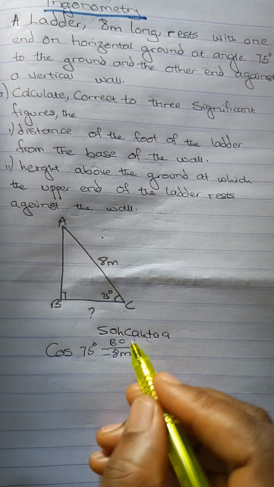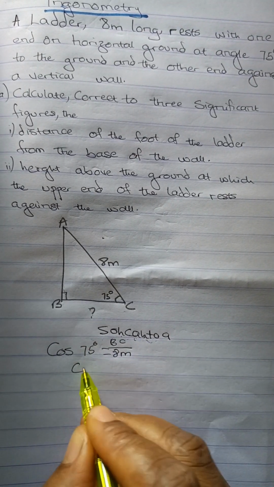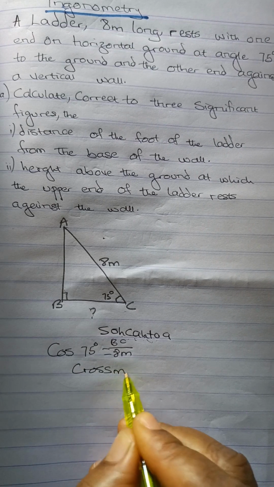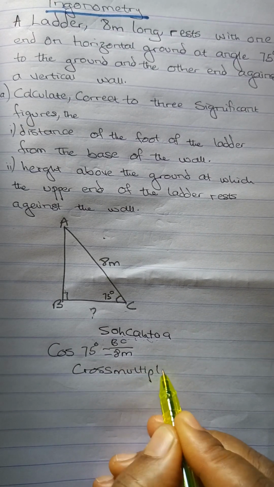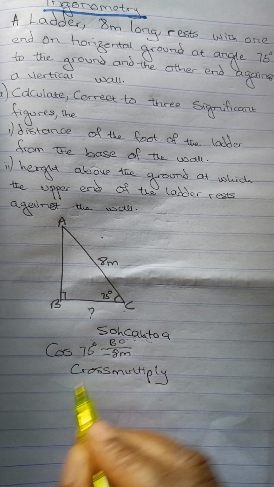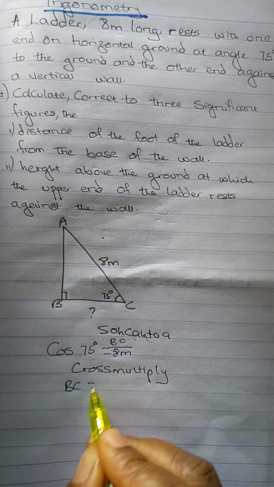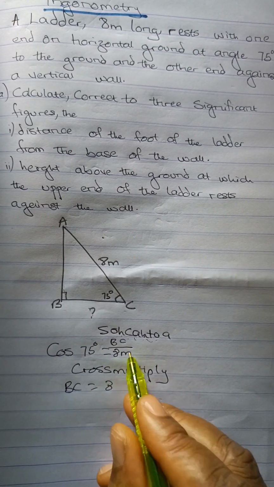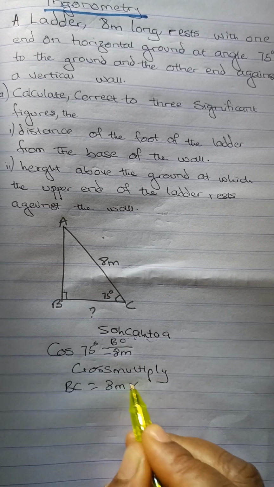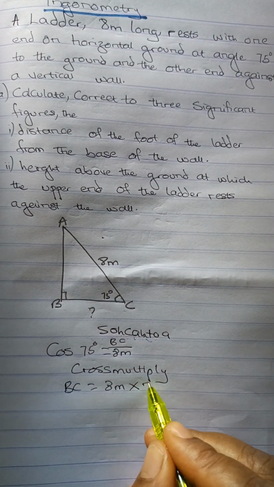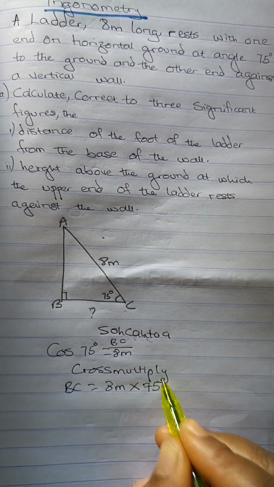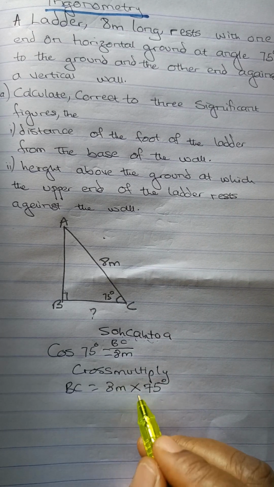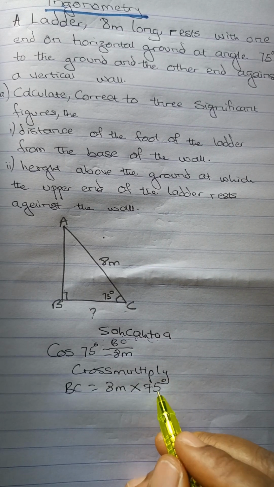Now when we cross multiply, BC will stand on its own. BC will be equal to 8 meters multiplied by cos 75.